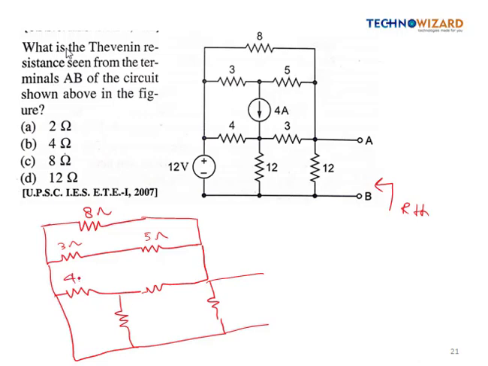So this is the A terminal, this is B. From here we have to calculate the value of RTH.